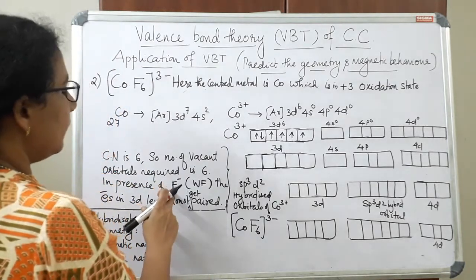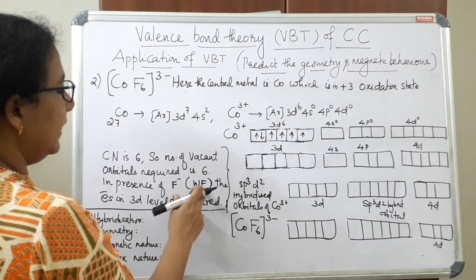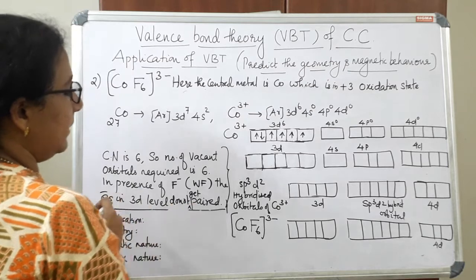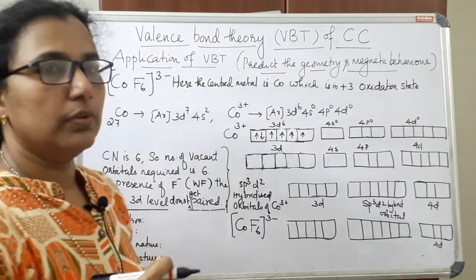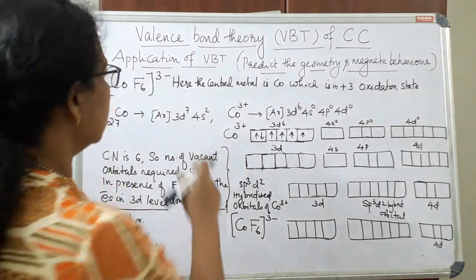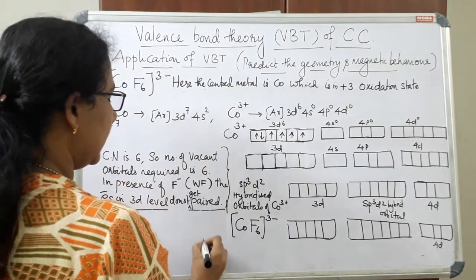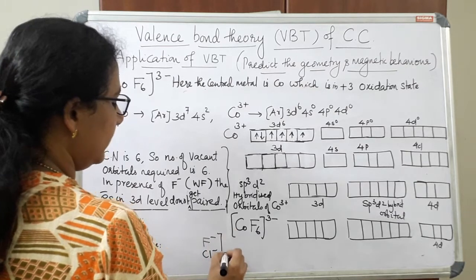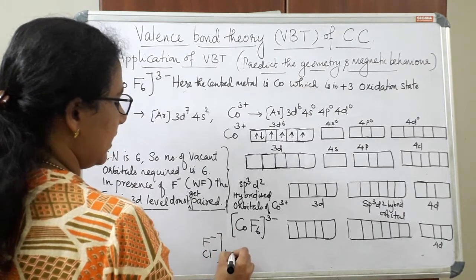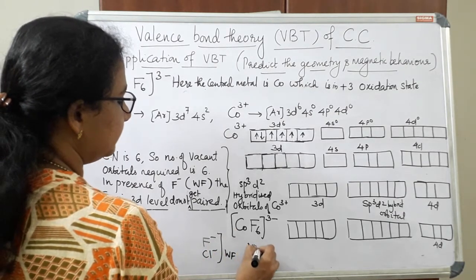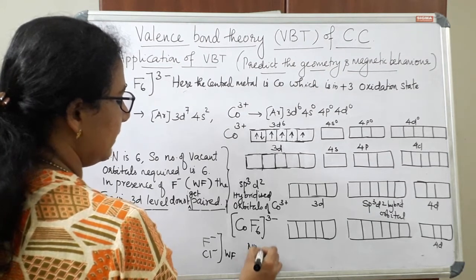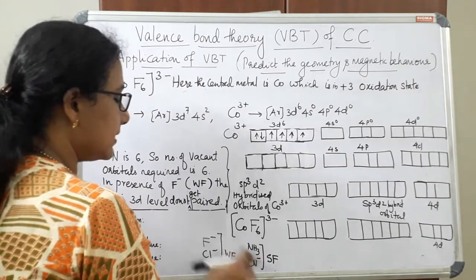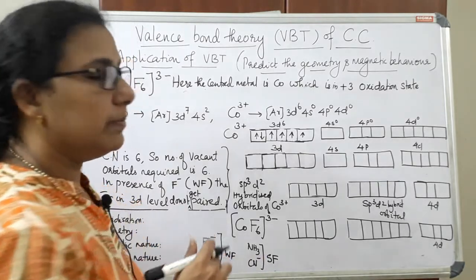In the presence of F minus, that is a weak field ligand, the electrons in the 3d level do not get paired. So now we need to find out the type of ligand. Here fluoride is the ligand. Fluoride and chloride are the common weak field ligands, and NH3 and CN minus are the common strong field ligands, which is actually found out by experiments.